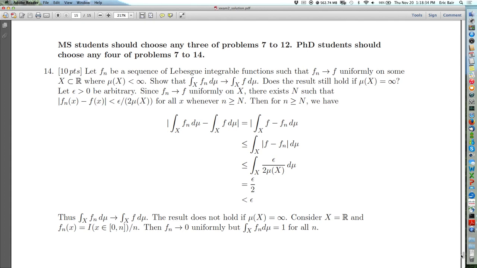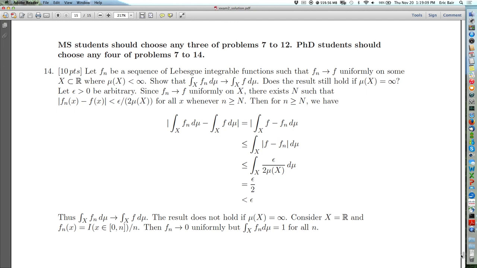So then you take the difference between the integral of f_n on X and the integral of f on X, and that's equal to the integral of the difference, which, using essentially the triangle inequality, is less than or equal to the integral over X of the absolute value of the difference of the two functions. By the uniform convergence, that's less than or equal to epsilon divided by 2 times mu of X. Take the 2 times mu of X outside of the integral sign.